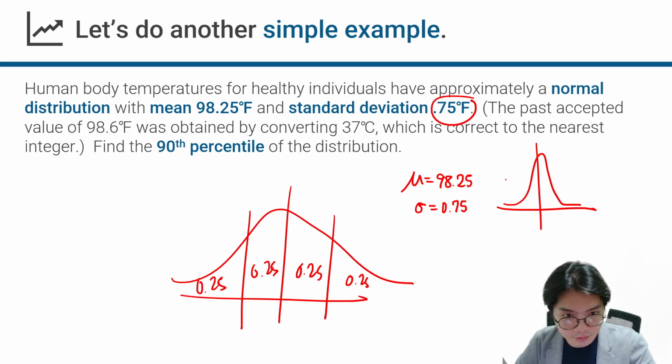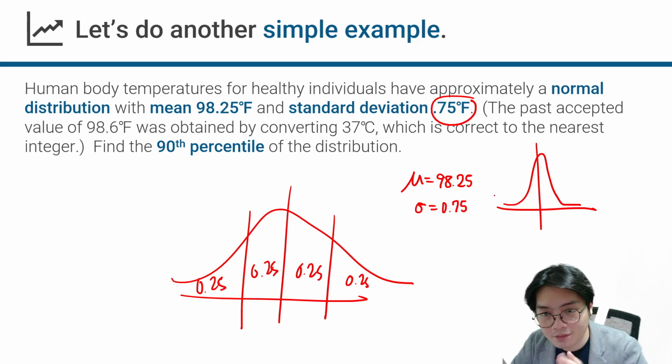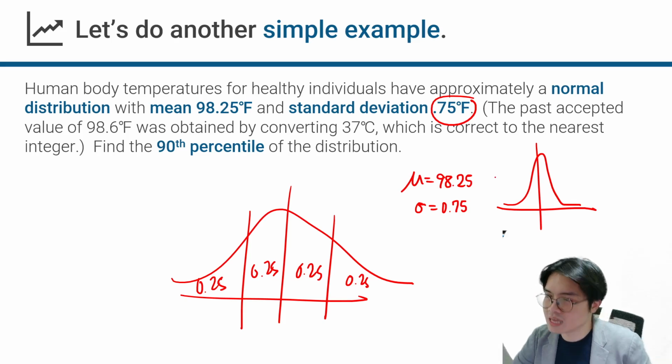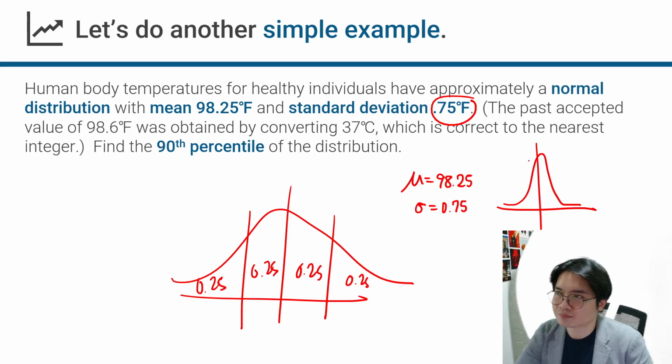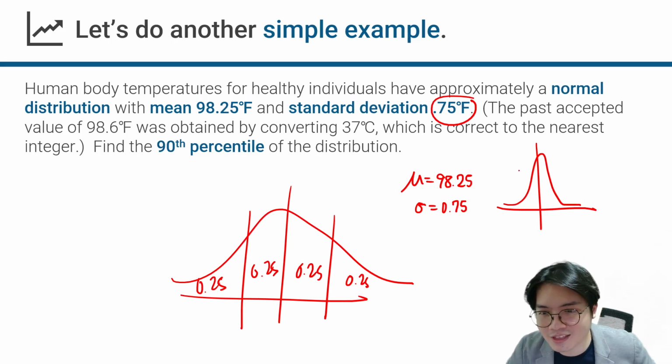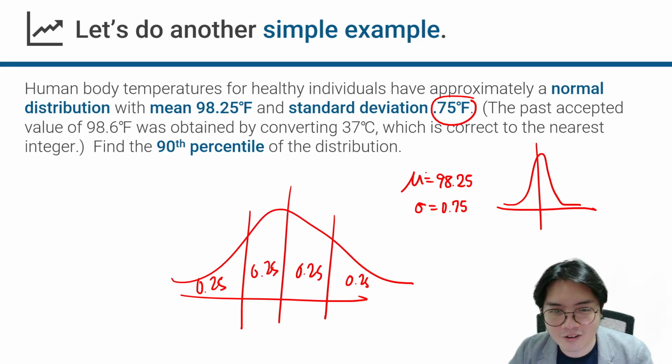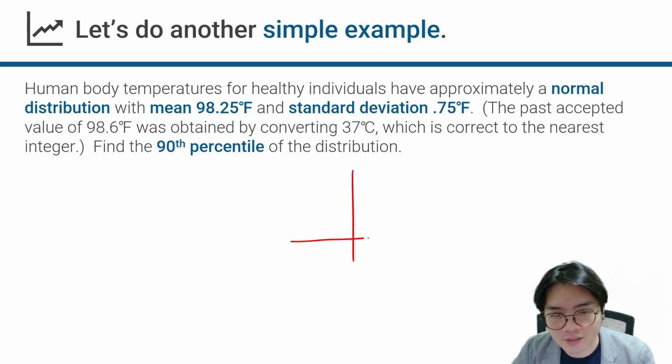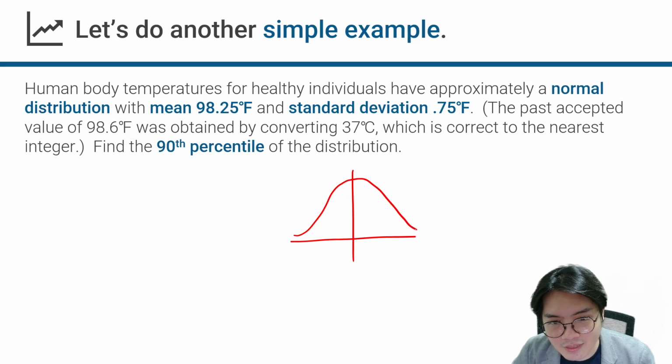In this case, you're going to chop everything up such that all of them have 1% in their areas. Sorry, that is a major brain fart right there. So what we want is basically to find this value in here such that this whole area right here is 0.90.